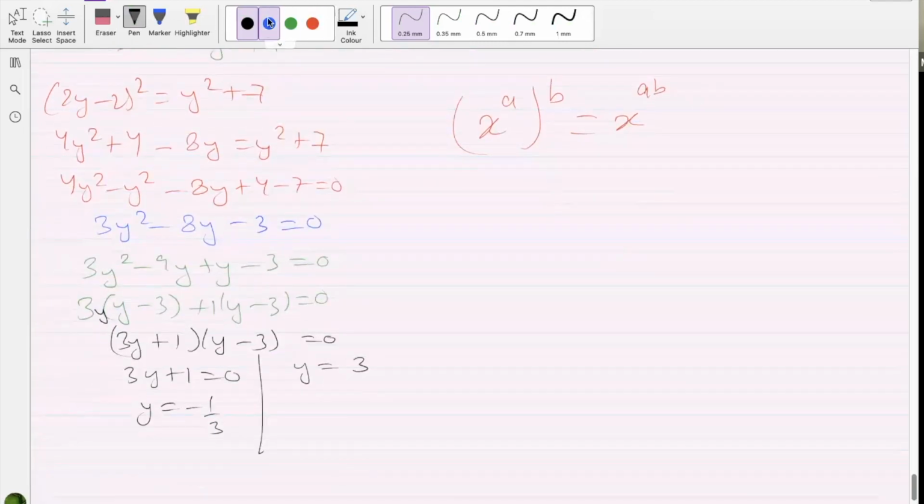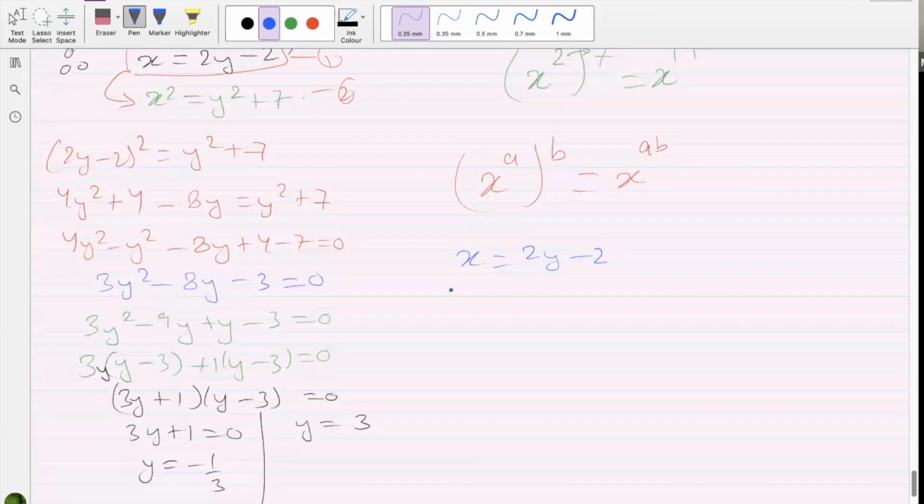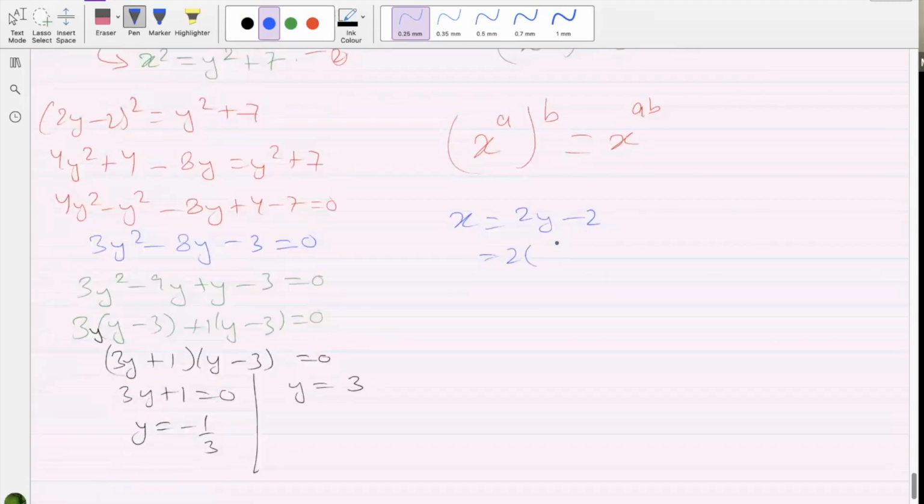Now we have two values, so we will go for two values of x. X equals 2y minus 2, our main equation. So 2 into y, which is negative 1 by 3, minus 2. I'm using my calculator for this. 2 into negative 1 by 3 minus 2 is negative 8 by 3.